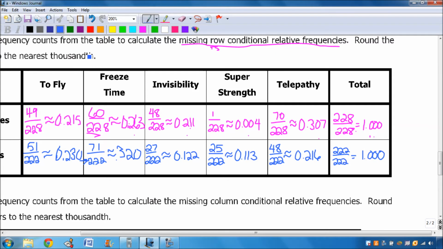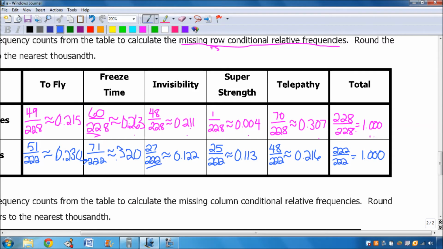It's not as important to get the numbers; what's more important is to understand what these numbers mean. This means that 12.2% of the males, because that's the total number of males there were, chose invisibility. This means that 11.3% of the males chose super strength, and this means that 21.6% of the males chose telepathy, excuse me.